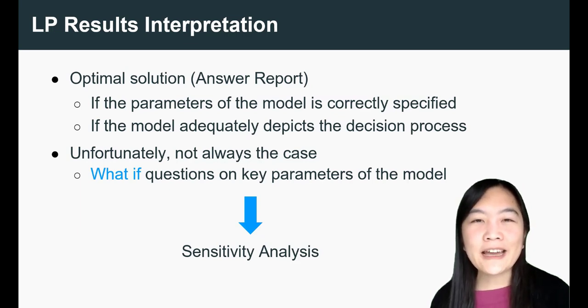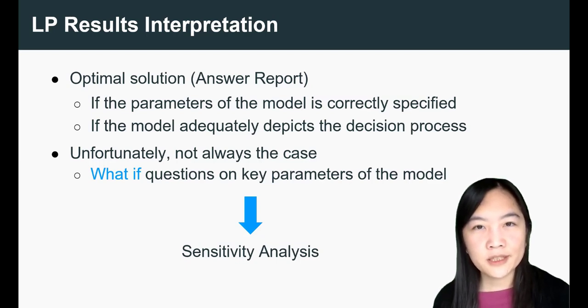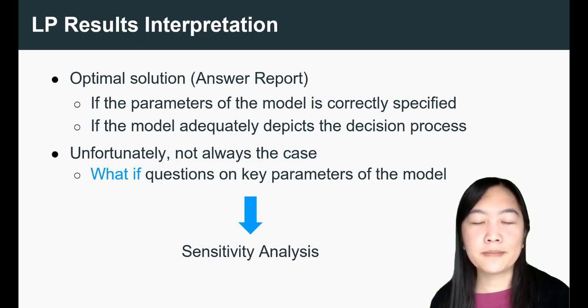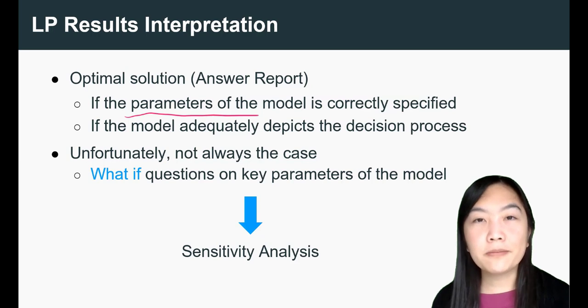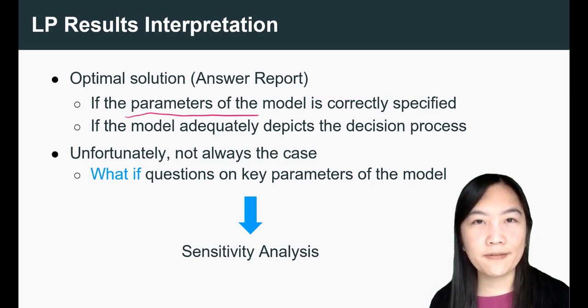And here I have to say that even if you are able to solve the problem, sometimes you have to be careful, because those solutions are based on some assumptions. And what are the assumptions? One is whether the parameters of the problem were correctly specified.